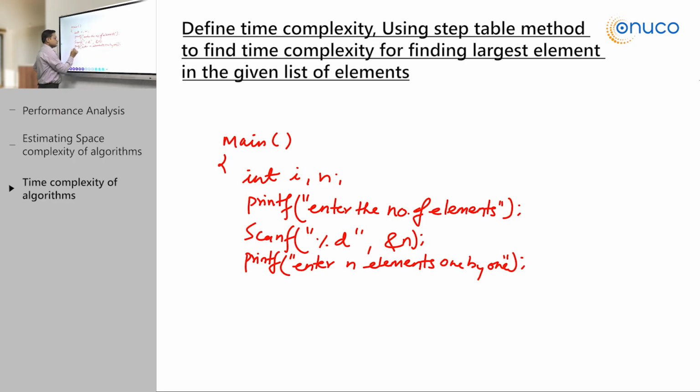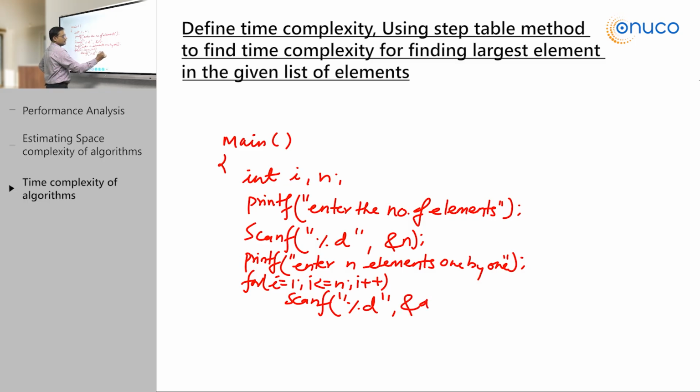So if it is n elements, what you have to use is a for loop. So let us have a for loop, for i equal to 1, i less than or equal to n, i plus plus, and we use scanf percentage d, double quote, comma, and the name of the array, say it is a of i.